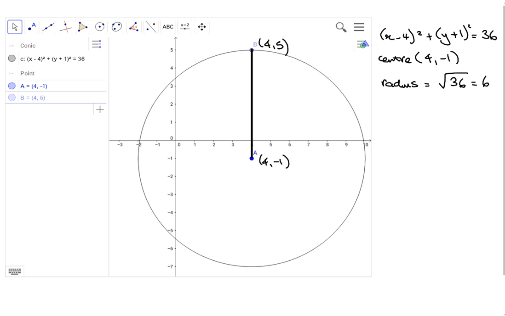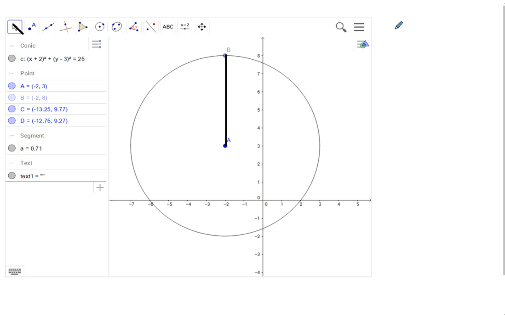Now what they could tell you is they could give you this: x squared plus 4x plus y squared minus 6y equals 12. Because you know you have to get it in the form of x plus something squared plus y minus something squared equals a number, when you're looking at your x's, in order to get it into that form, you have to complete the square.